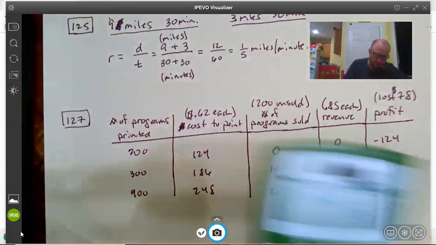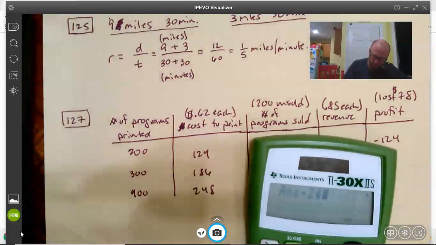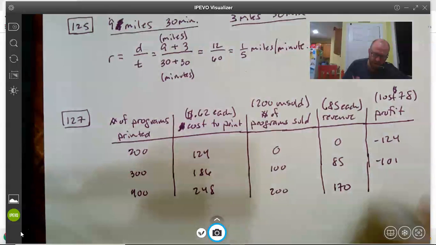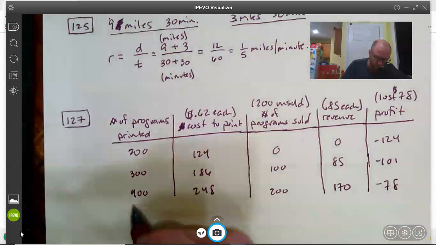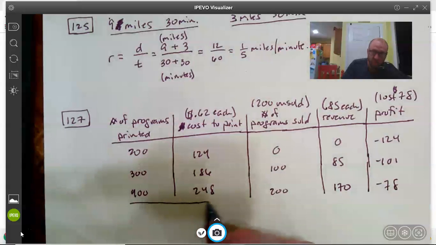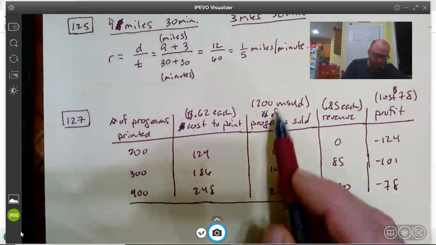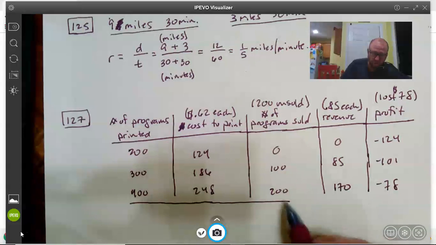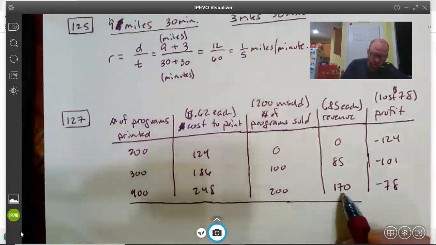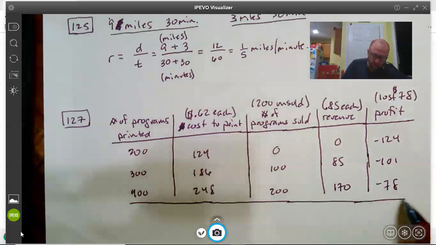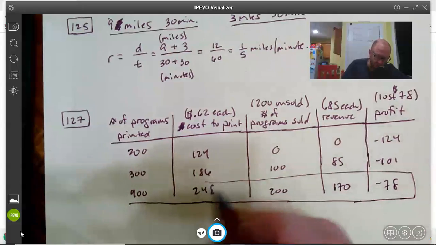So 170 minus the 248 is negative 78. So if he printed 400 programs, it cost him $248 to print. If he didn't sell 200 of them, then he must have sold the other 200, bringing in at 85 cents each, $170, and 170 take away 248 is the loss of $78.